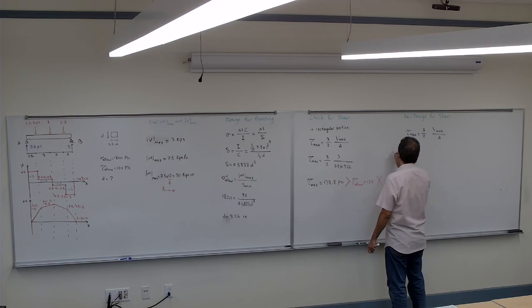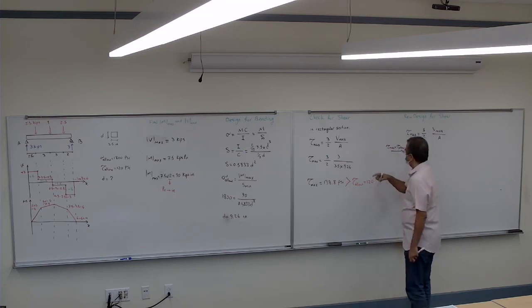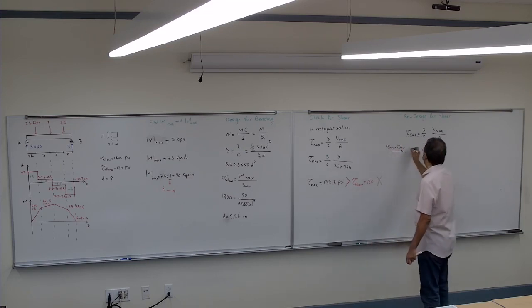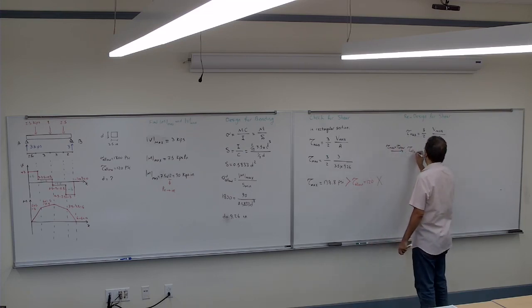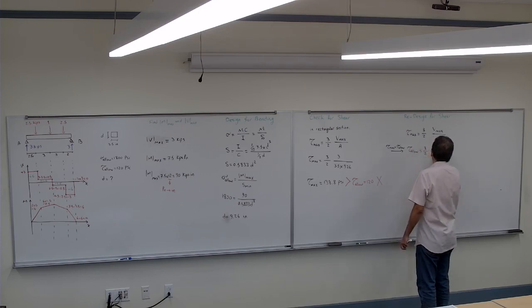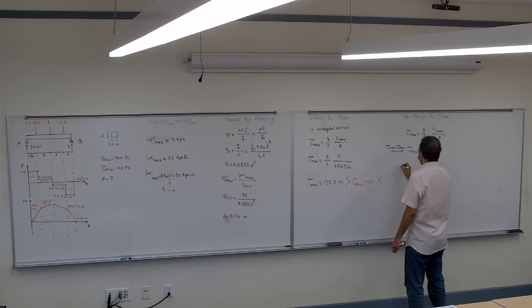And then I want tau max to be equal to tau L, my allowable. So it's going to be 3/2 of the V max divided by area.